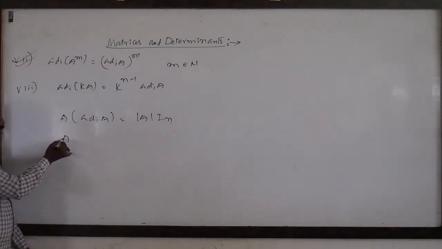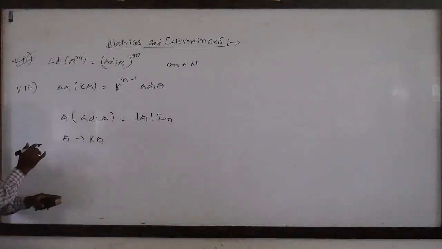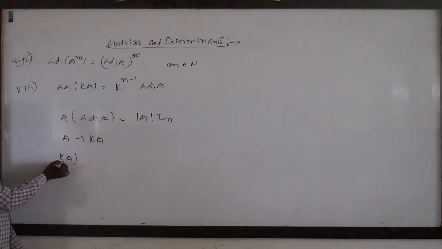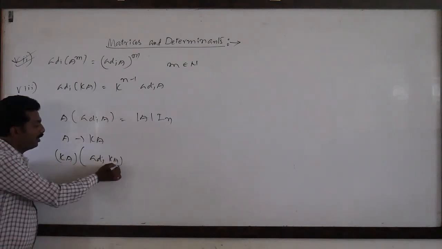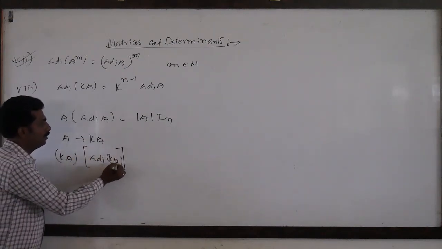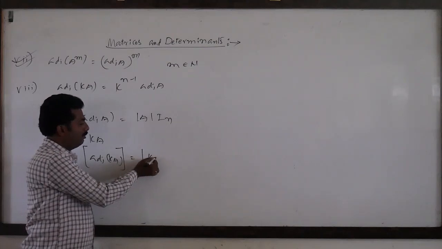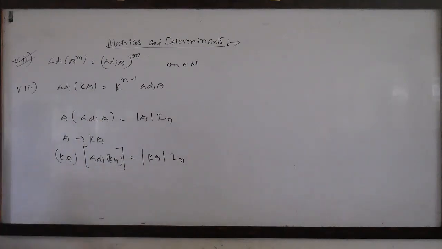Wherever A is there, what we have to replace? K A. So K A into adjoint of K A equals determinant of K A into identity matrix.